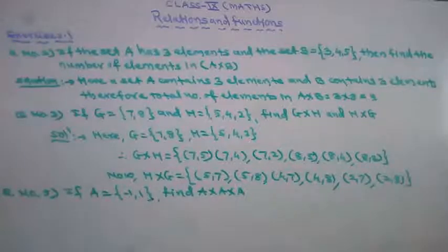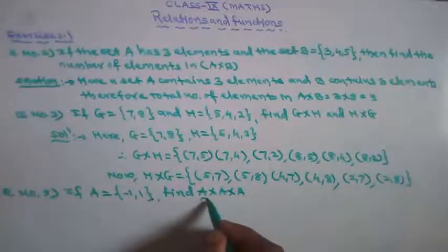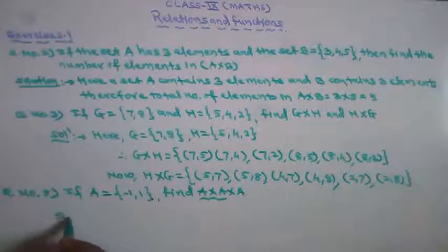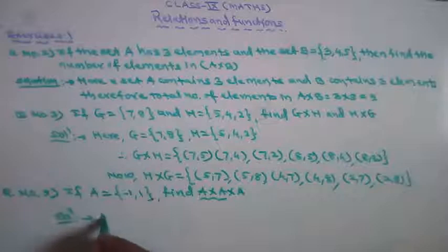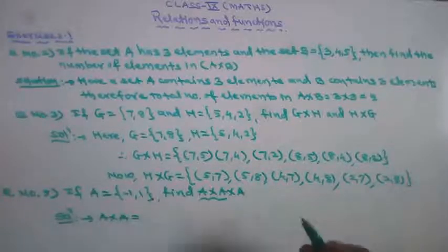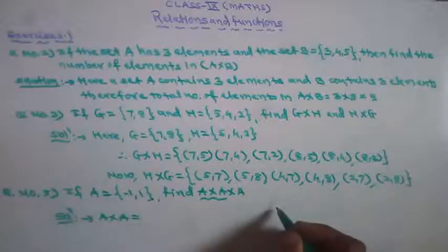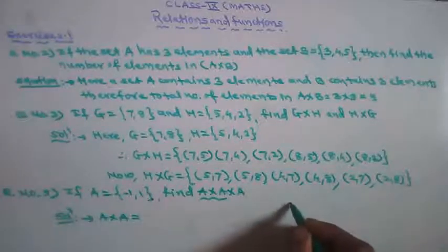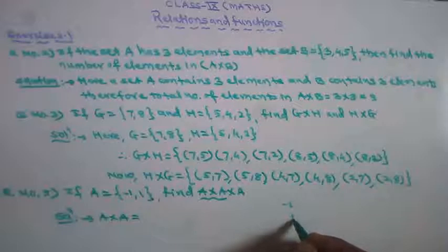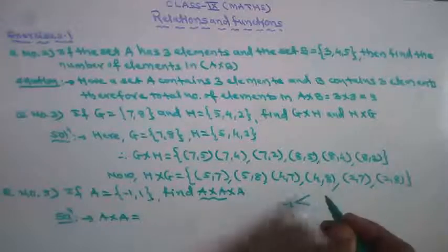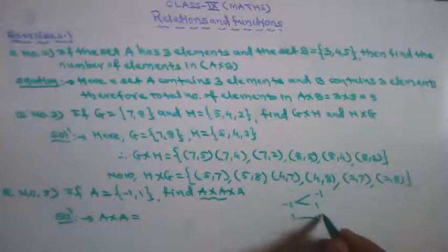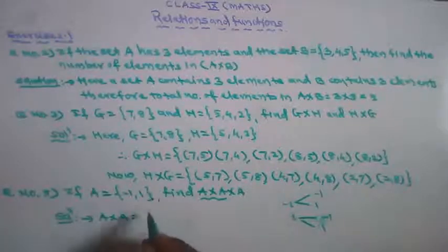Okay, so first of all, let us find this A cross A. Solution: A cross A equals, see here, -1 and 1. A cross A means this -1 and this 1 will relate with again -1 and 1.